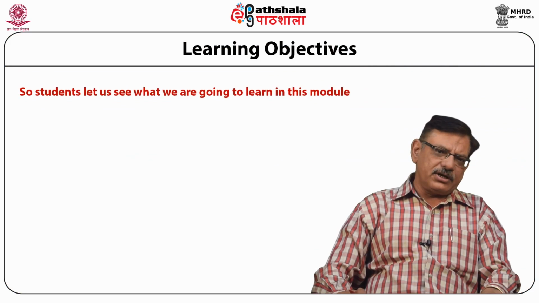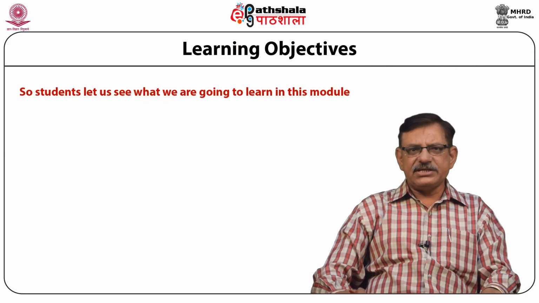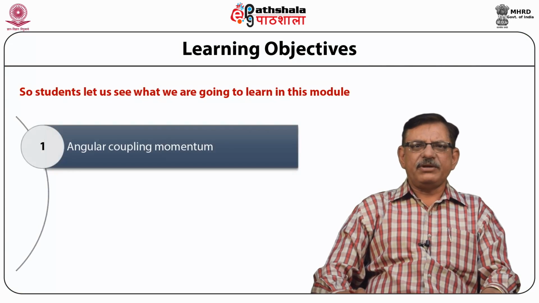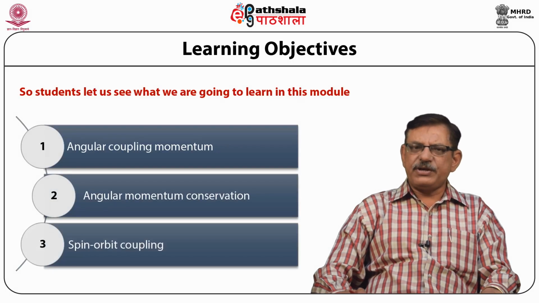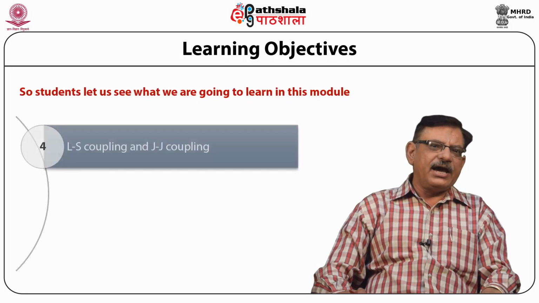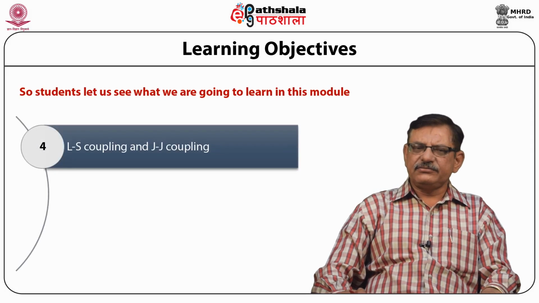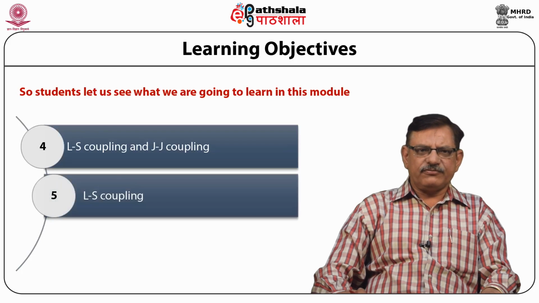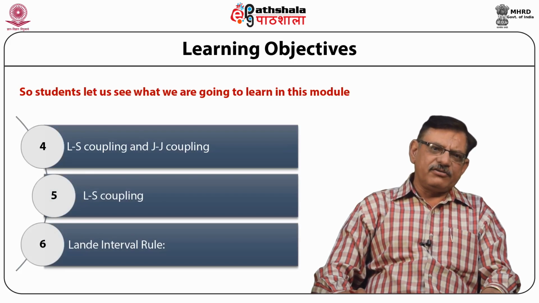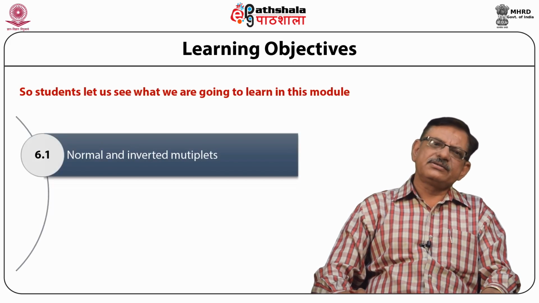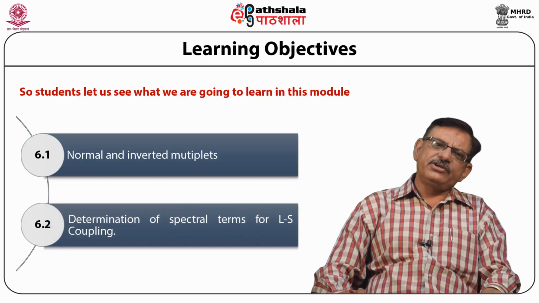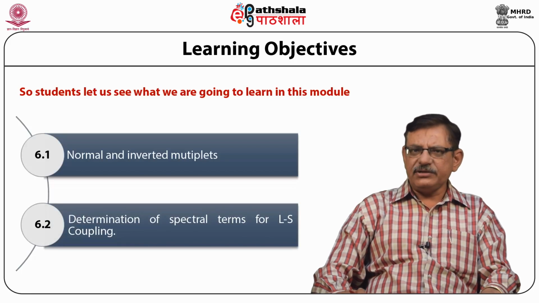We will be able to learn about the various coupling schemes, angular momentum coupling, angular momentum conservation, spin orbit coupling, LS coupling and JJ coupling, and different types of coupling. Lande interval rule, normal and inverted multiplets, determination of spectral terms for LS coupling.